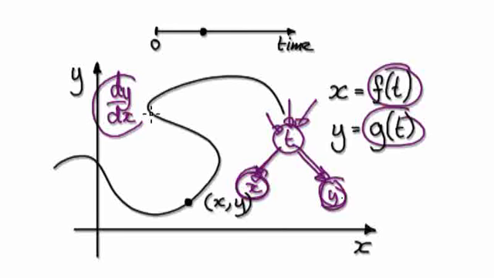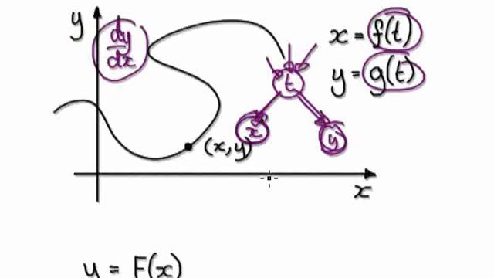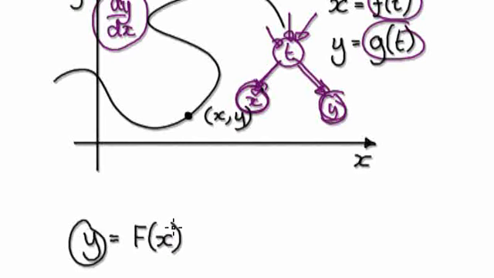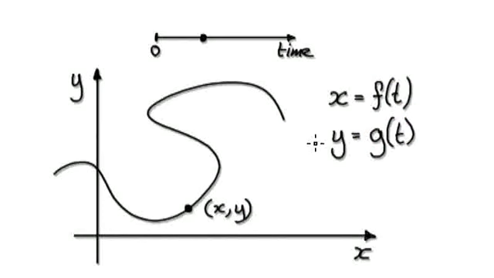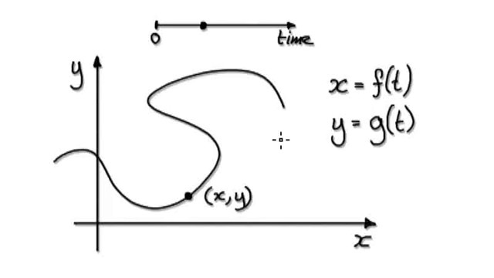To find dy by dx, the trick is to be able to write y in terms of x. So the trick to finding the derivative is to be able to write y as a function of x. Currently, time drives everything.